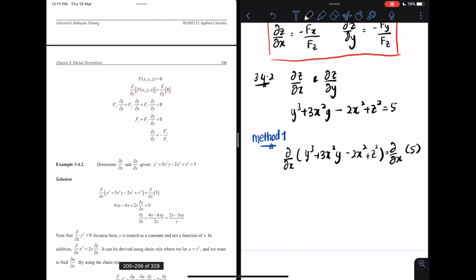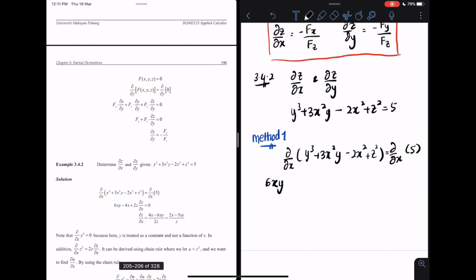So what should I do right now? Since I treat y as a constant, I have to make sure it behaves like a constant. So differentiating y cubed with respect to variable x, I won't get any value, so I will get 0.